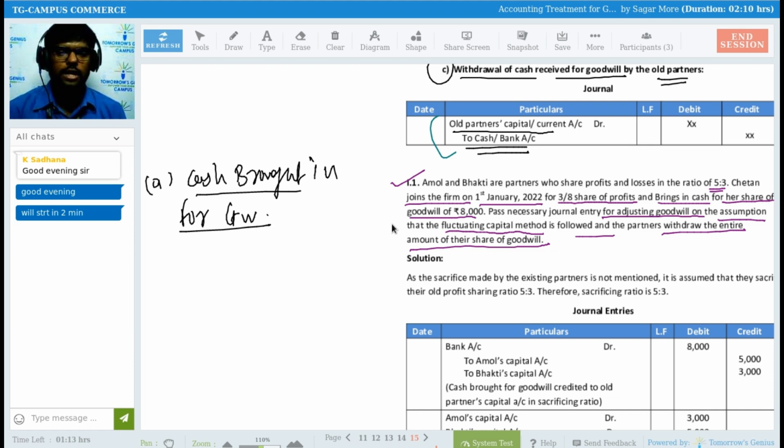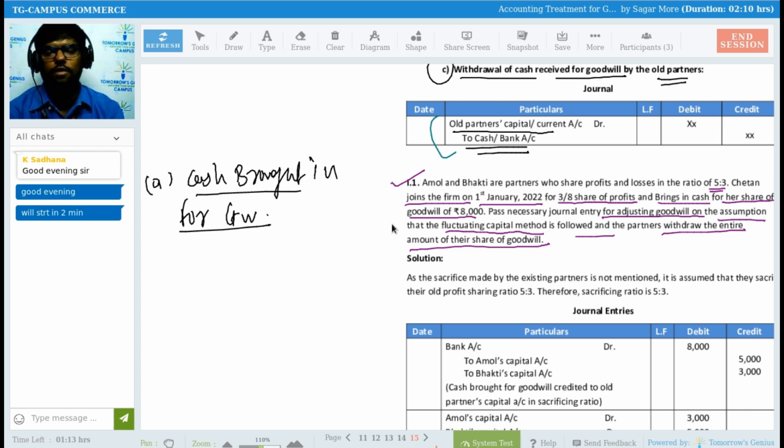So which entry are we going to pass, tell me. And first of all, tell me what the sacrifice ratio is here. Is there a need to calculate the sacrifice ratio, or can you directly tell me? Sacrifice ratio is required, right? What is the sacrifice ratio here?